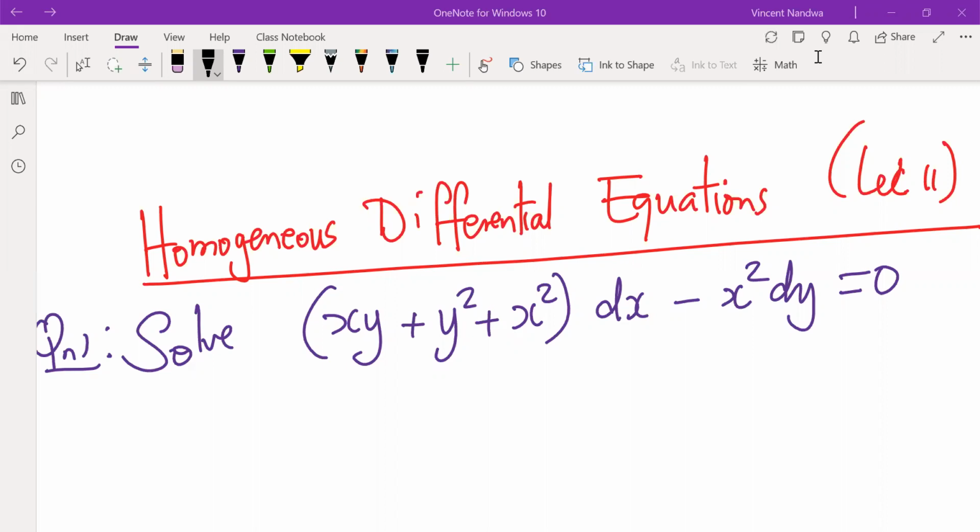Now, a quick check shows that the equation at hand is neither exact, separable, nor linear. So we try to write it in the differential form. So note that.